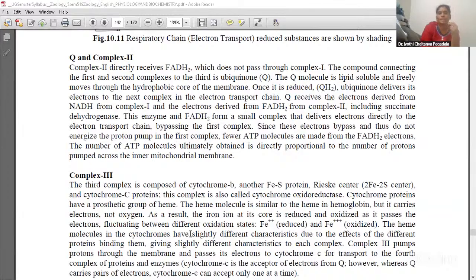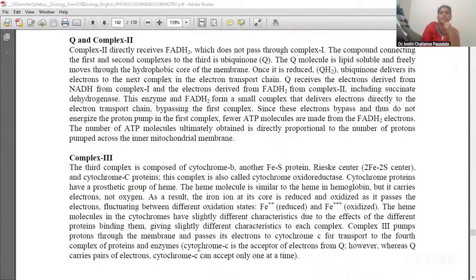The heme molecules in the cytochromes have slightly different characteristics due to the effects of the different proteins binding them, which gives very slight differences in characteristics to the complex molecule.